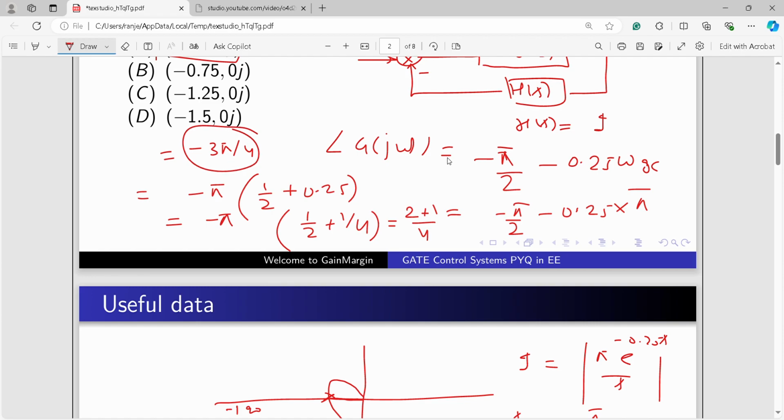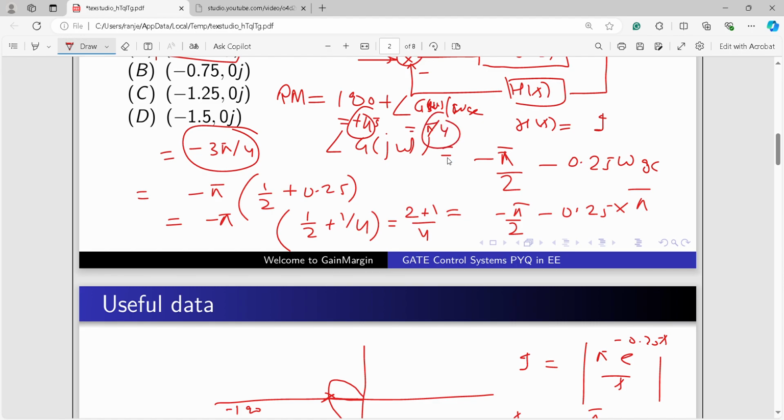All right, and then what is the phase margin? Phase margin is 180 plus the angle of the function at omega gc. So we get plus 45 degree, or pi by 4.